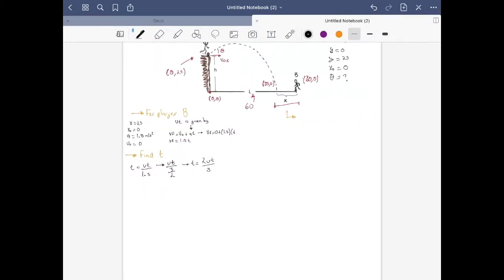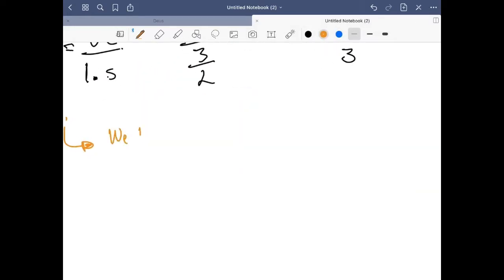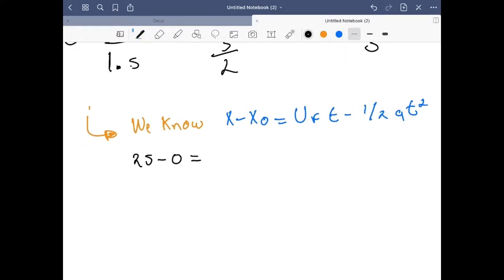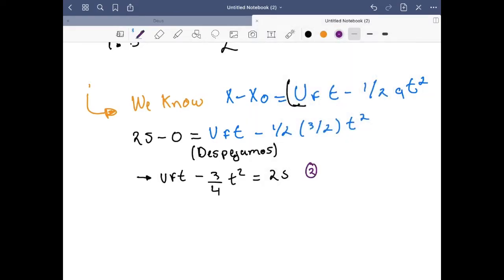Another equation for final velocity includes the variable t, so I'm going to use this formula. As you can see in the letters in blue, this is the formula that I use, and I only clear it to find a new expression for final velocity.